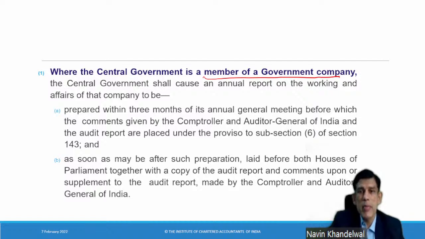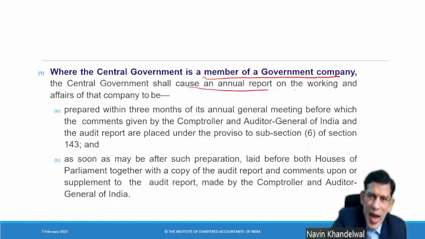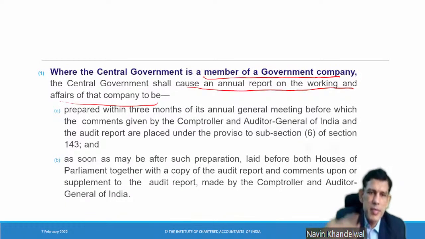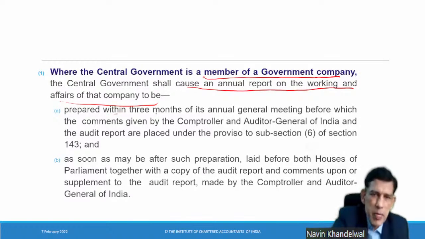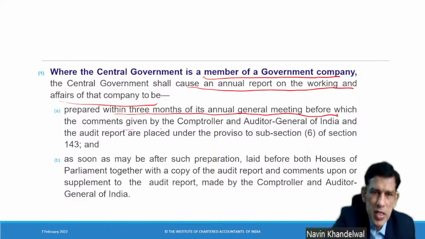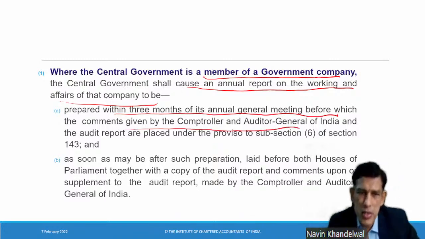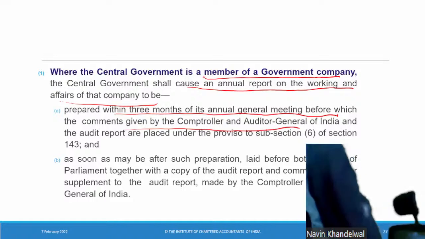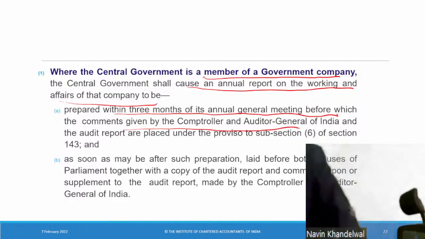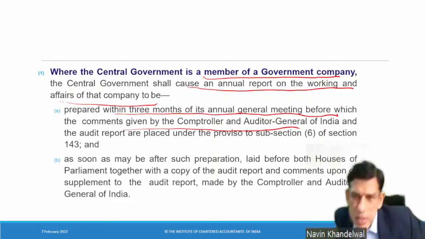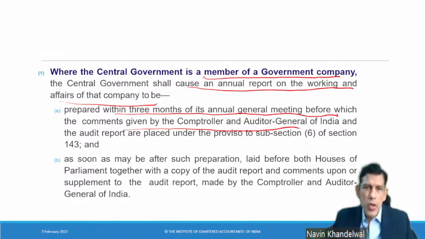Then the central government shall cause an annual report on the working and affairs of the company to be prepared within 3 months of its AGM, before which the comments given by the Comptroller and Auditor General of India and the audit report are placed under the provisions of section 143.